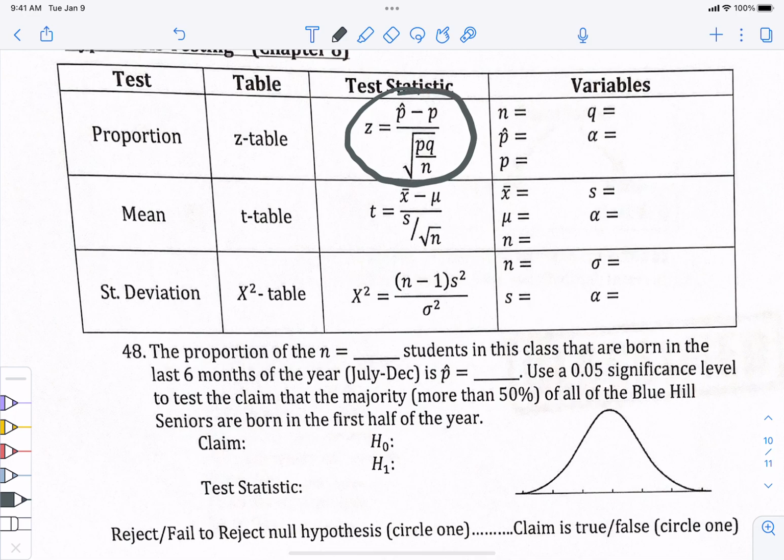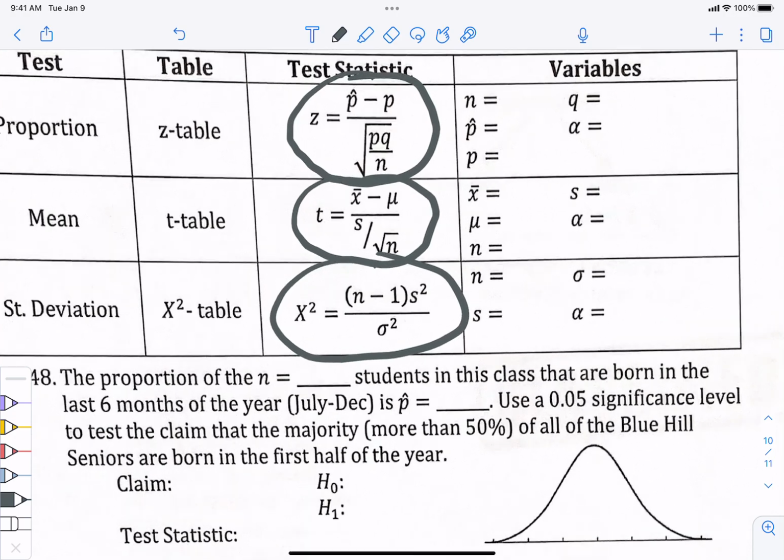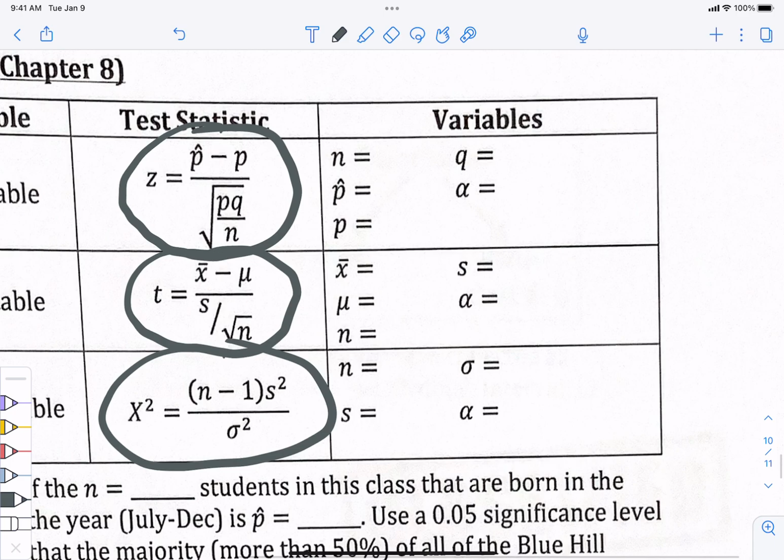For mean and for standard deviation, these are the values that you use. The thing that people screw up all the time is the difference between P hat and P. This is the sample, and this is the population. Which one does your claim go with? Your claim is always labeled as P.